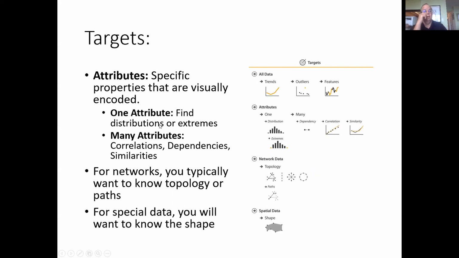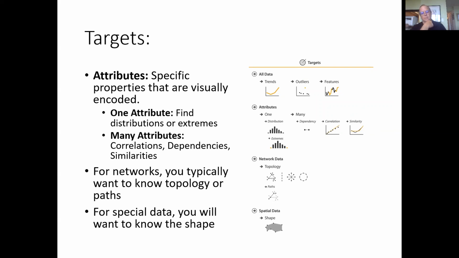So if we're looking at a single attribute, we can find its statistical distribution. Is it normal? Is it Erlang? Is it exponential? And with many attributes, we can see correlations, dependencies, or similarities. So rate of inflation and housing prices: we can see if there's a correlation or if those have tracked similarly over the past 18 months.